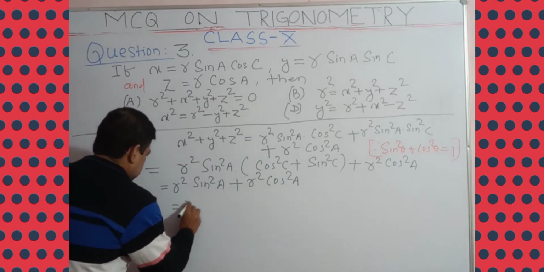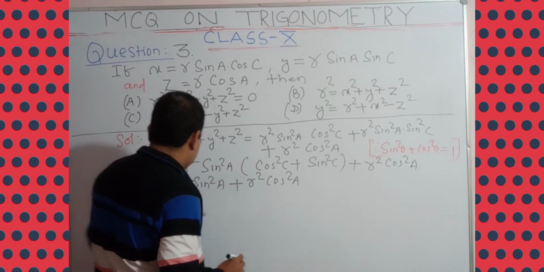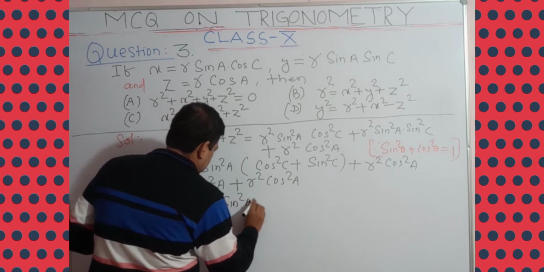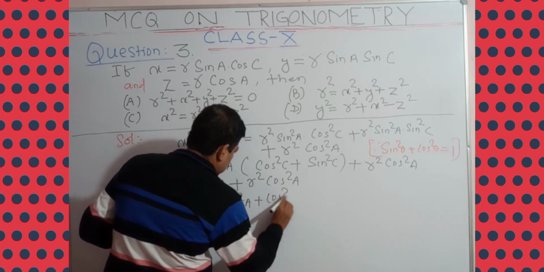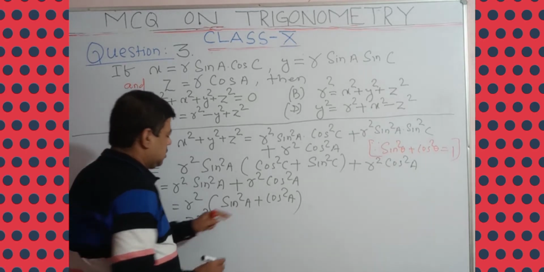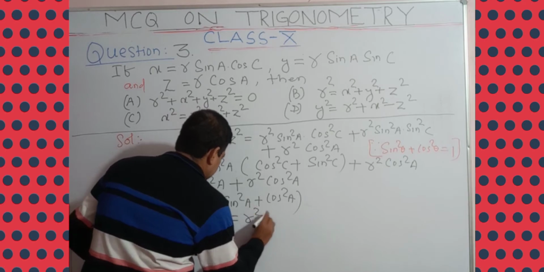Again you see r square can be taken as a common factor, so after that it will be sin square a plus cos square a, and r square into sin square a plus cos square a value is 1, so into 1, it will be r square.